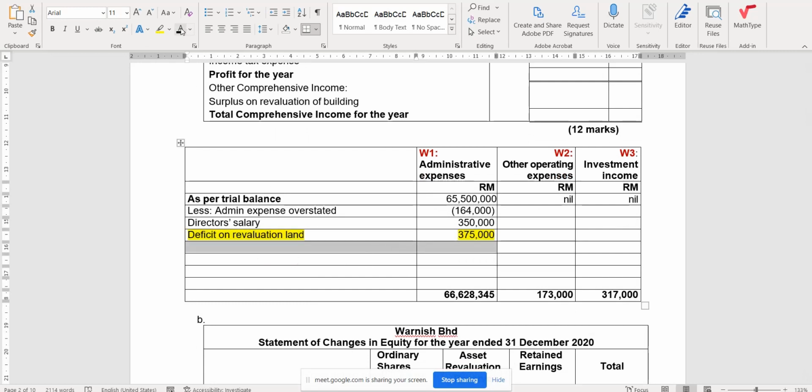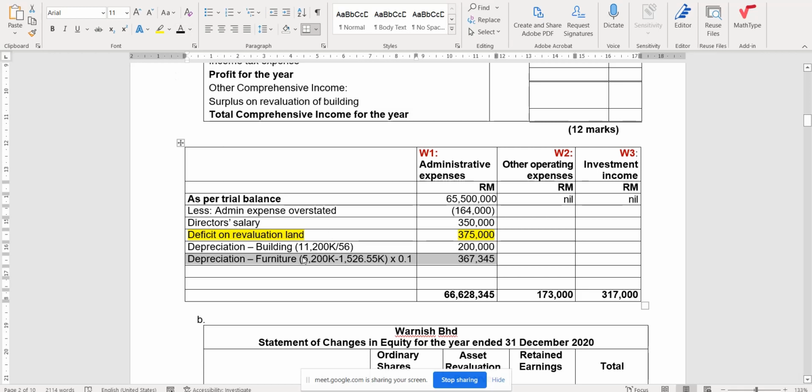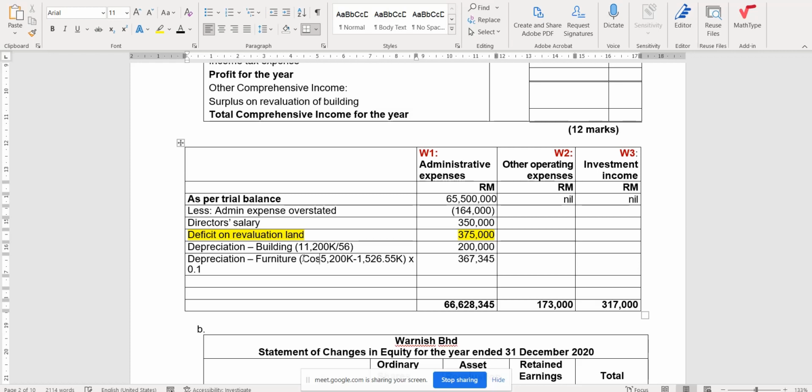And you also need to record the depreciation for the building. 200,000 we have calculated. Depreciation for the furniture. This is based on cost minus the accumulated depreciation. And that was actually the one here.